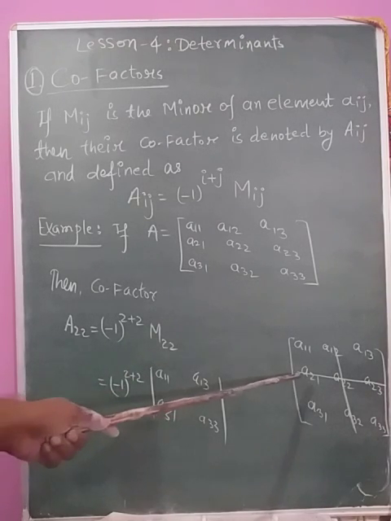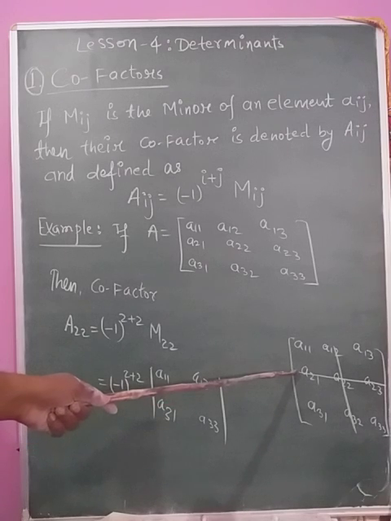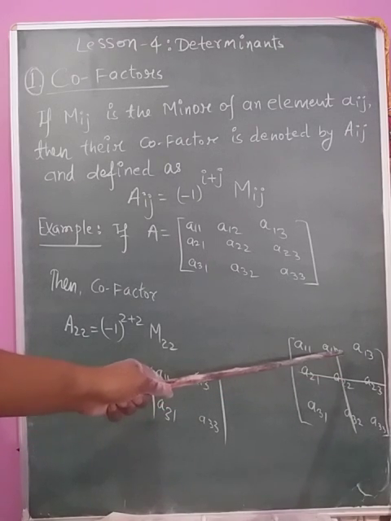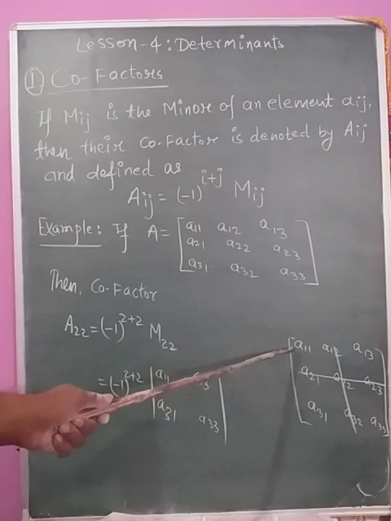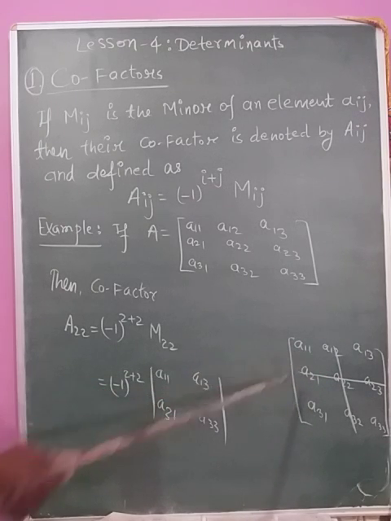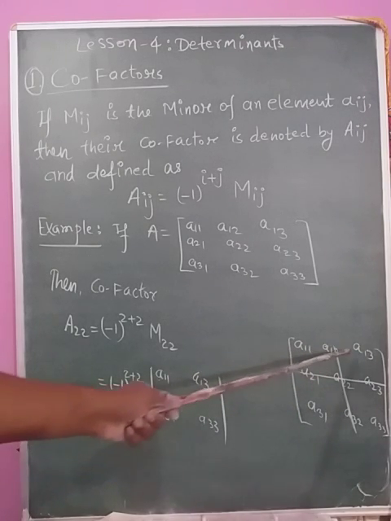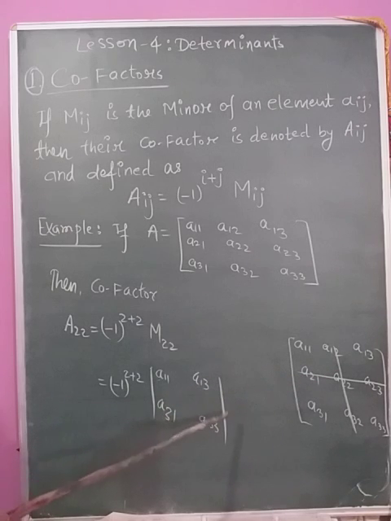So if we delete second row and second column, we have four elements A11, A13, A31, A32.